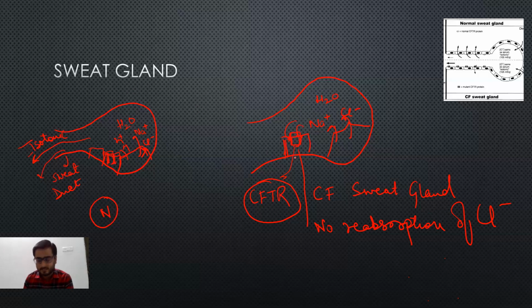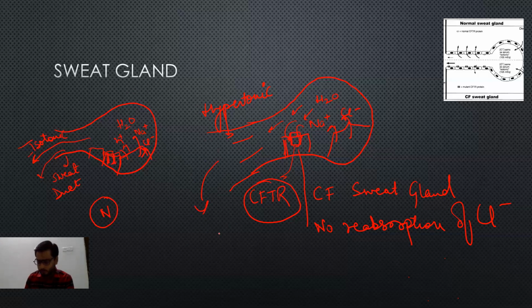Chloride is not getting inside, and all the ions are now here in the sweat. This sweat is hypertonic. As we move ahead in pathogenesis, we'll come to know. So this is the hypertonic sweat which is coming out.